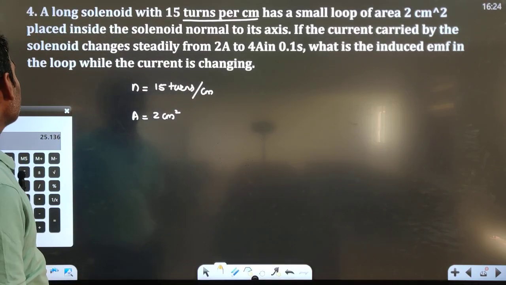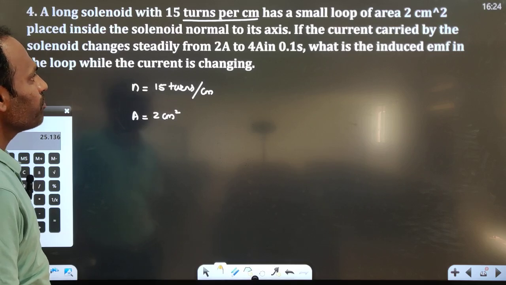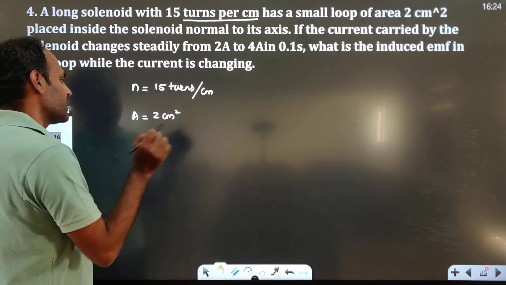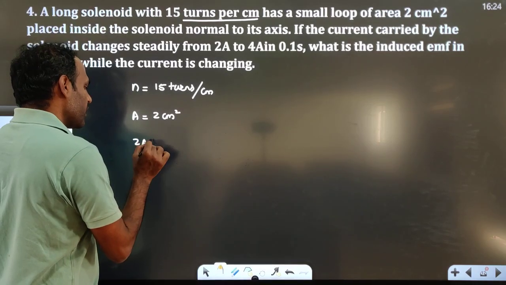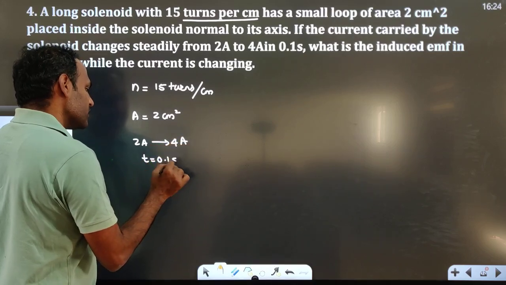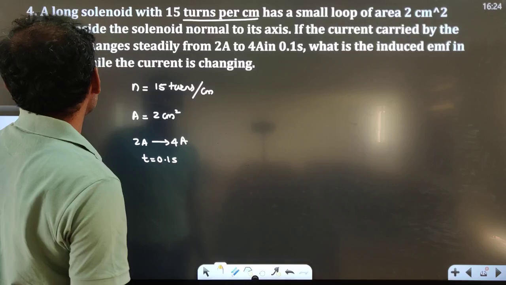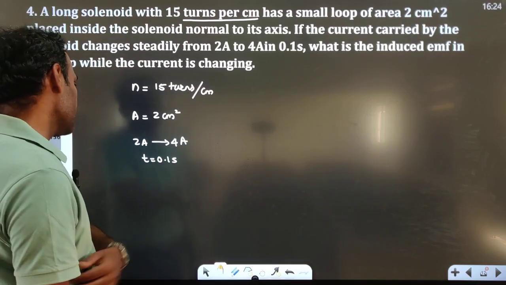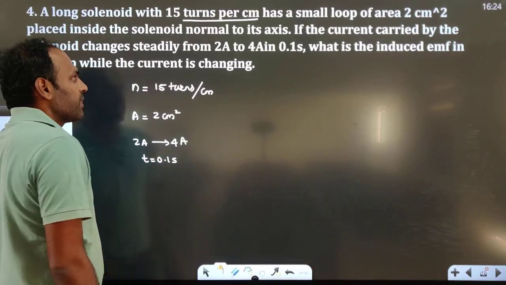If the current carried by the solenoid changes steadily from 2 ampere to 4 ampere in 0.1 seconds, what is the induced EMF in the loop while the current is changing? Okay, we have to calculate EMF now.